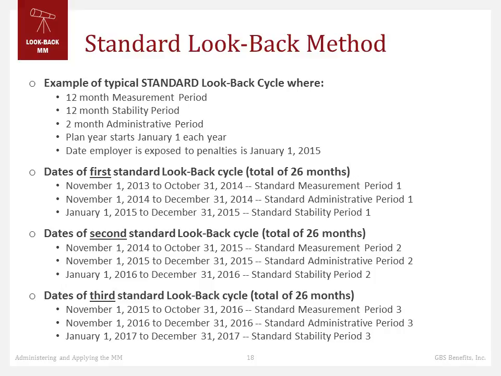In step 2, when you went through your 2 steps, we determined what your compliance date is, in other words, when you're exposed to penalties. And in this example, this employer is exposed to penalties January 1, 2015.